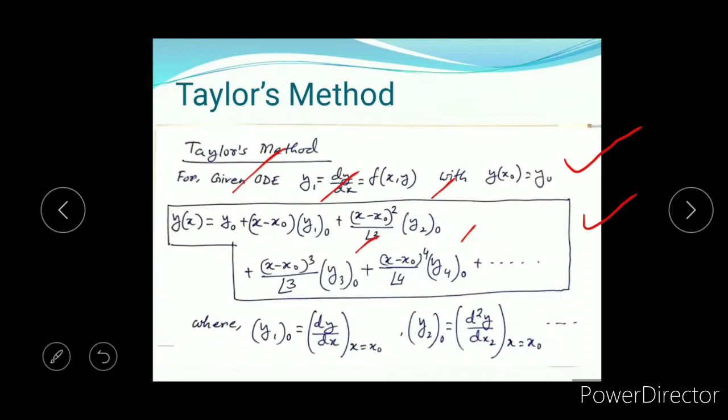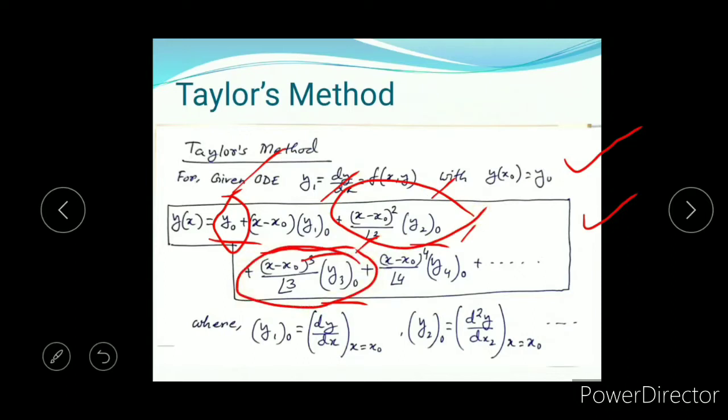How? Suppose we have here y0, y1, y2, y3. So suppose this y0, then (x minus x0) into y1(0), then this third term, then the fourth part, all these four parts are non-zero. Then we don't have to find y4 anymore because we have got 4 non-zero elements.